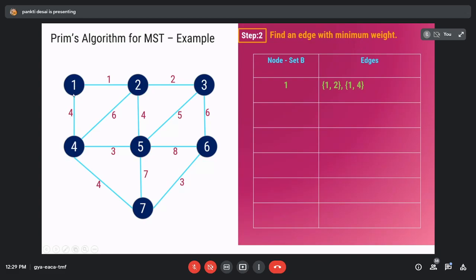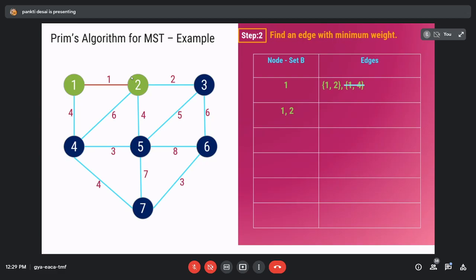Now in these two adjacent edges, which has the minimum weight? 1 comma 2, right? So cancel 1 comma 4 and select 1 comma 2 as the edge for the spanning tree.